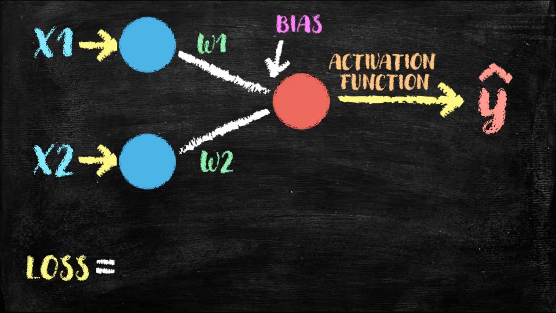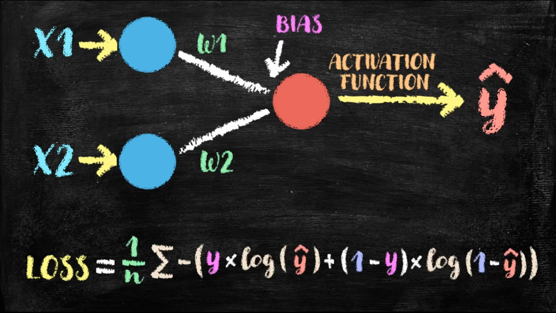For this case, I am going to use log loss. Essentially, if we use log loss here, we are going to be doing logistic regression within this network. I'm going to gloss over this equation, but just trust me, this is the equation for log loss. I don't want to focus too much on it.